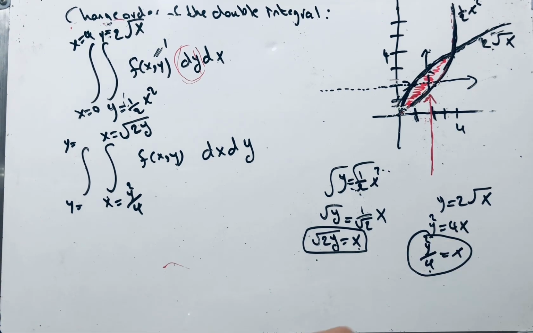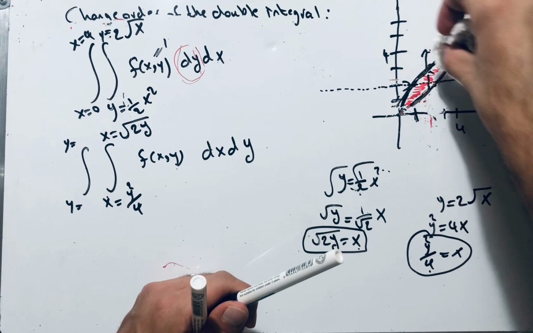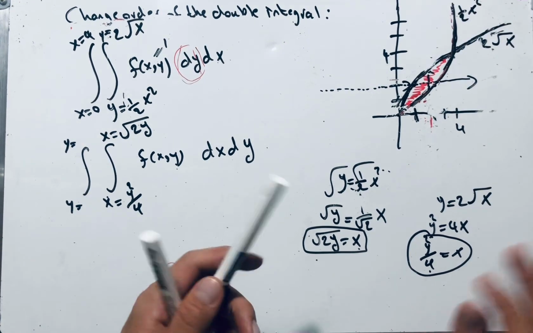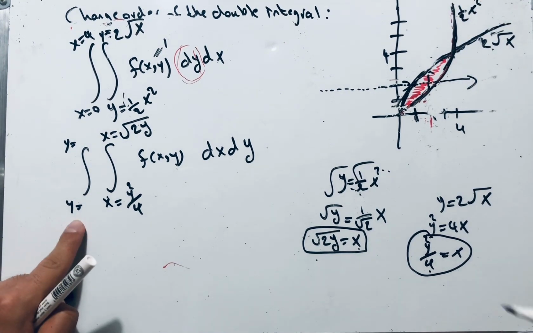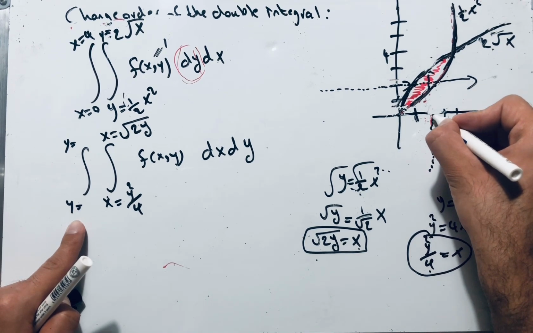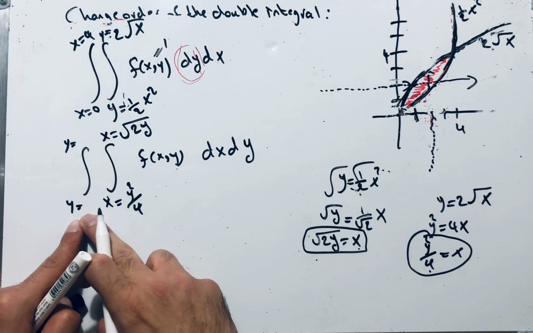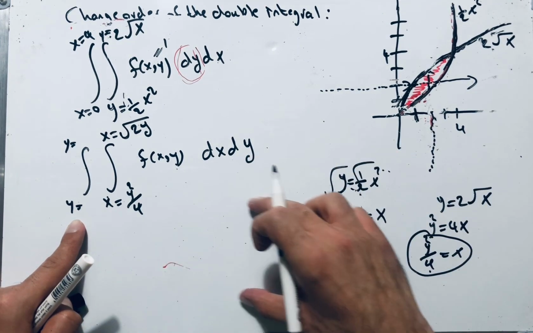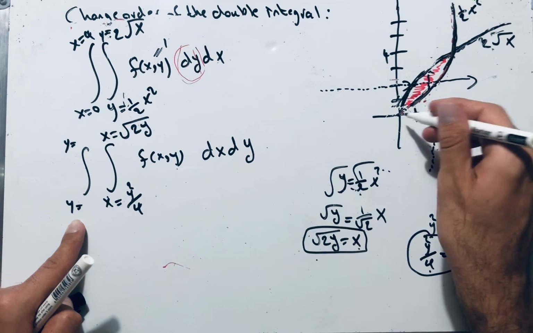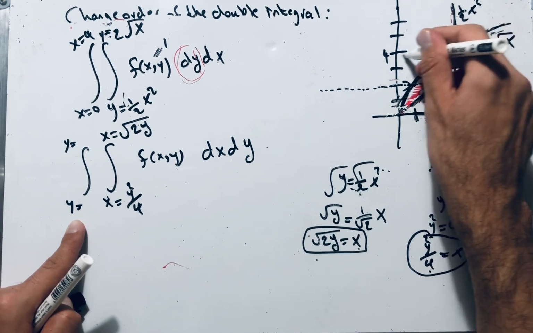Now for the vertical part, I'm going to erase this so that we don't get confused. Again, we're starting from below, like this. But this time, since we're finding numbers, you have to think about the whole area as a rectangle.